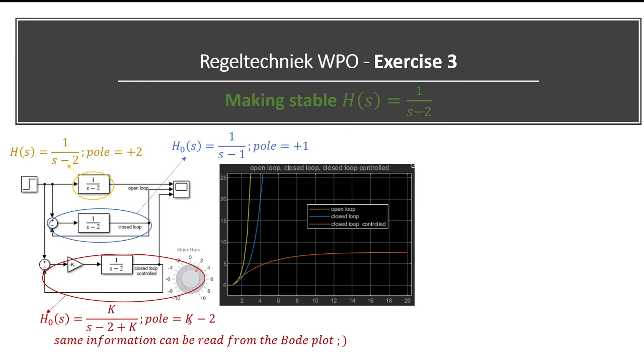So if the pole is a little bit smaller than 0, for instance minus 0.001, then it will be stable. So we have to choose the k value such that this value will be according to expectation. And what is very nice with this type of exercise, you can read the same information from a Bode plot as we discussed before.